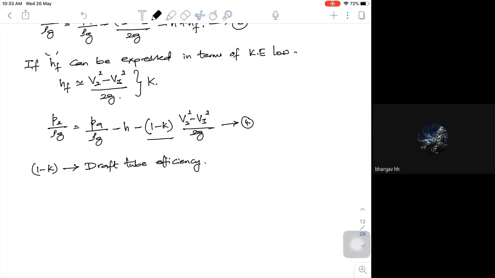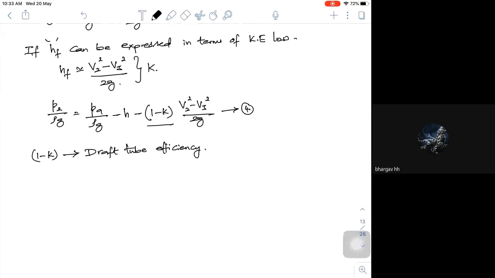If I am able to reduce the value of K, say if it is only 2%, 3%, then my recovery will be higher. Let me write that also: the lower the value of K, the higher the efficiency.